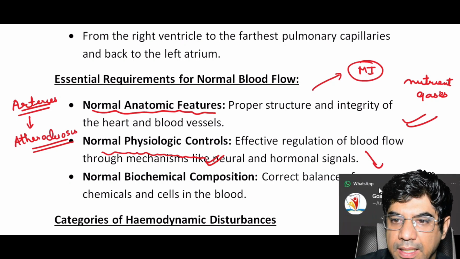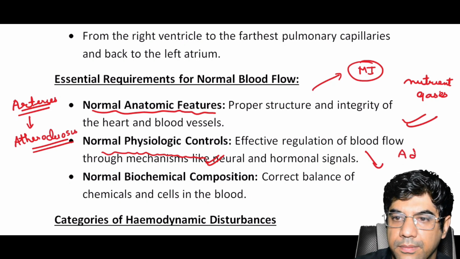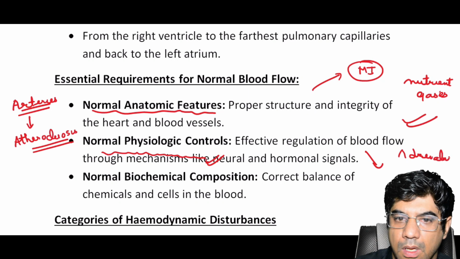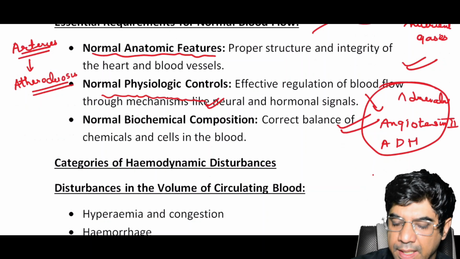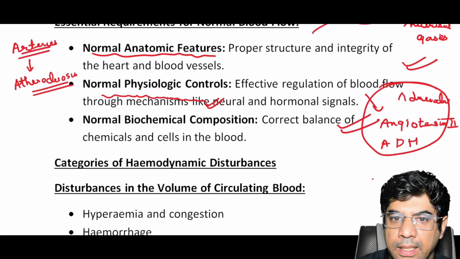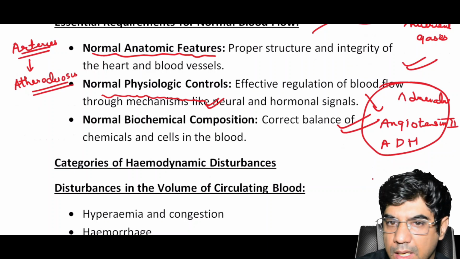Apart from that, hormones like adrenaline, noradrenaline, angiotensin 2, and ADH play an important role in regulating blood pressure and blood volume.